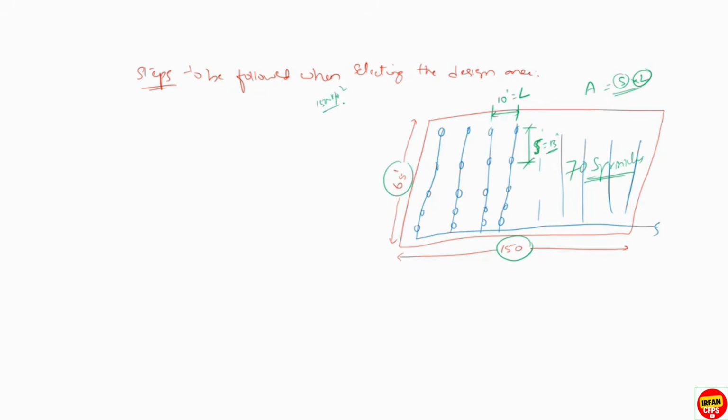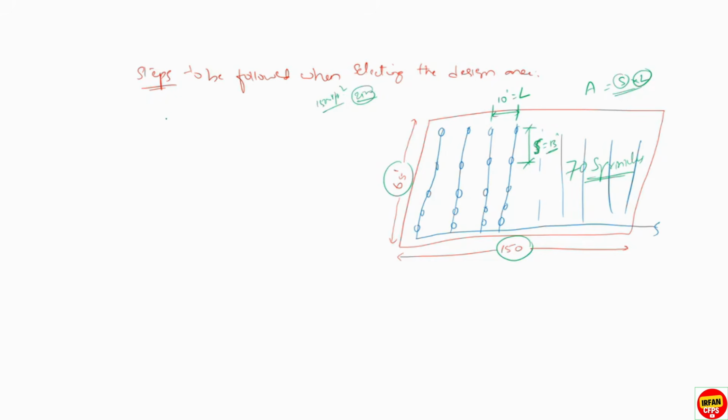Like 1500 square feet, how many sprinklers we get, we'll consider for light and ordinary. 2500 square feet for extra hazard, we'll consider how many sprinklers we get. However, there is a three-step formula to be considered when we select the design area of operation.